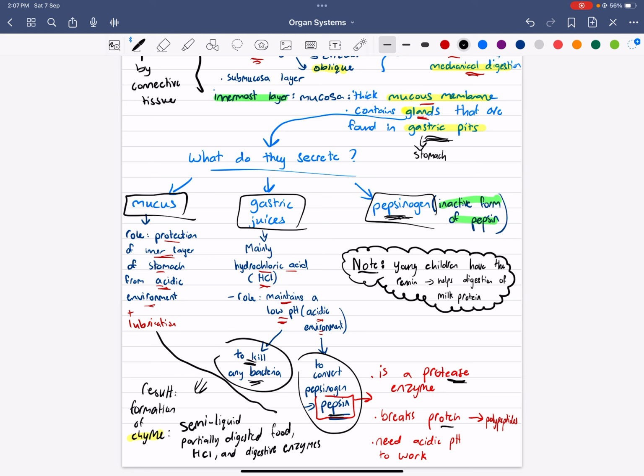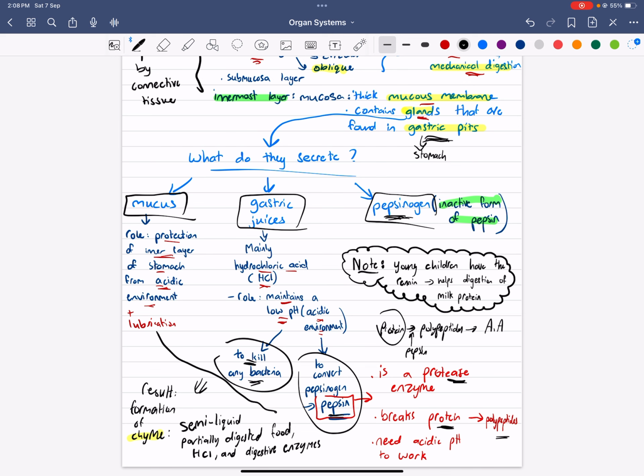So it breaks down proteins into polypeptides. Okay, so you have a protein, that's the large molecule. So protein is made up of many polypeptides, and those polypeptides are made up of amino acids. Now, pepsin works here.